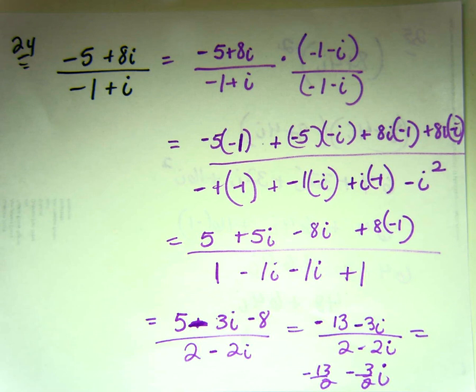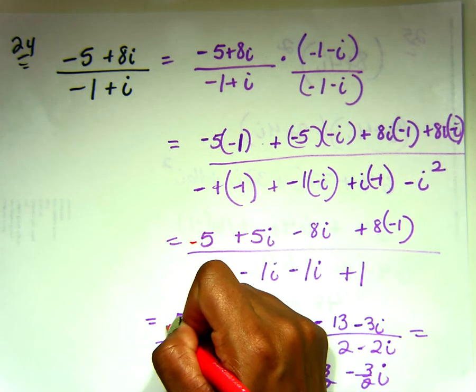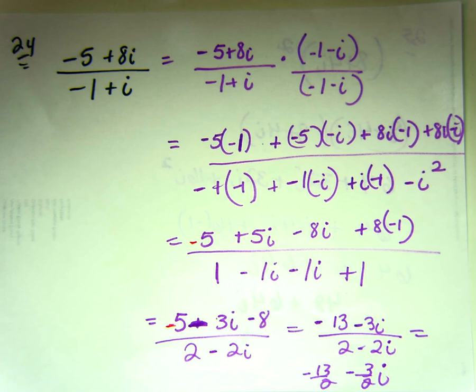8 minus... I forgot my negative right there. It's supposed to be a negative 5, but I did not write it. There we go. Or did I do something wrong?